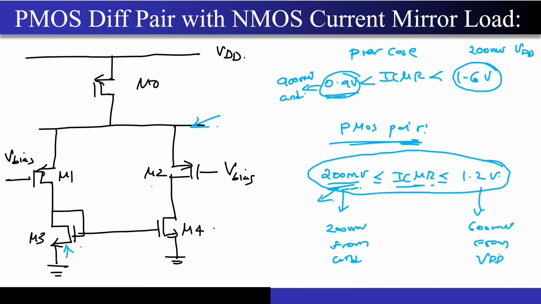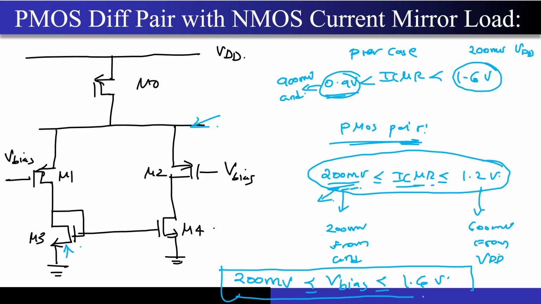Now if I smartly combine both of them, can I get a voltage range for the ICMR which will look something like this? And yes, people have done it. You can combine both of them intelligently, and this is what is called a rail to rail op amp.